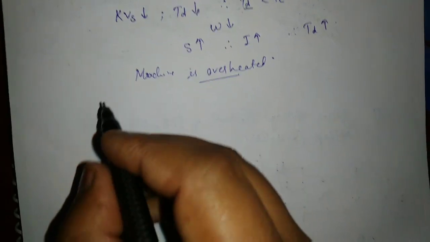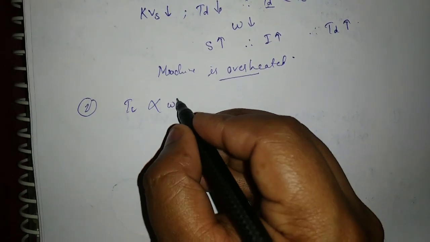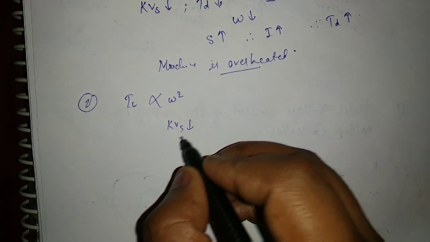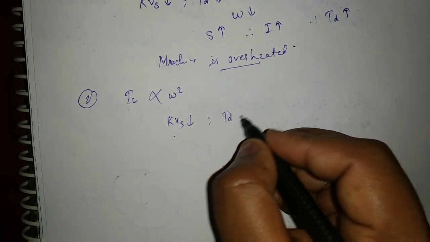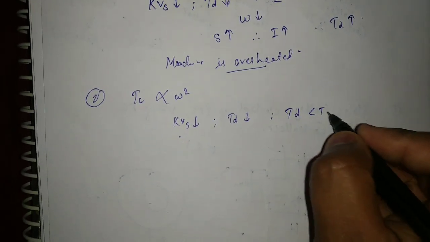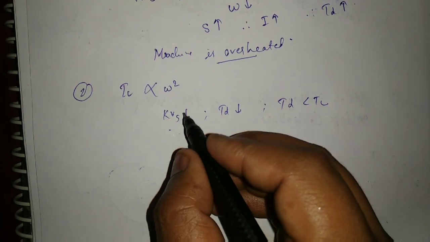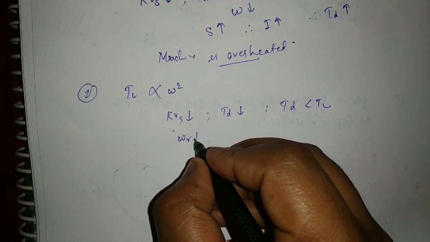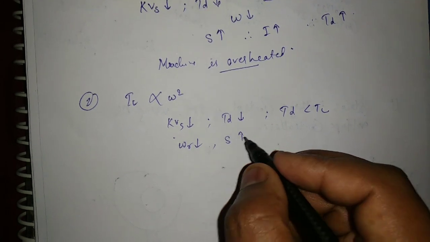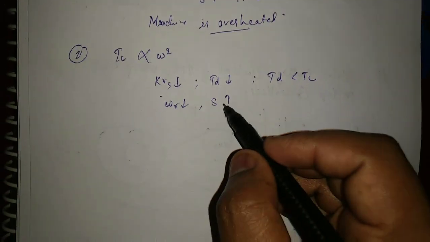Okay. Now, second type of load, TL is directly proportional to omega square. kVs decreases, therefore TD decreases, therefore TD is less than TL. Therefore क्या? Omega decreases. Omega decreases means slip increases.